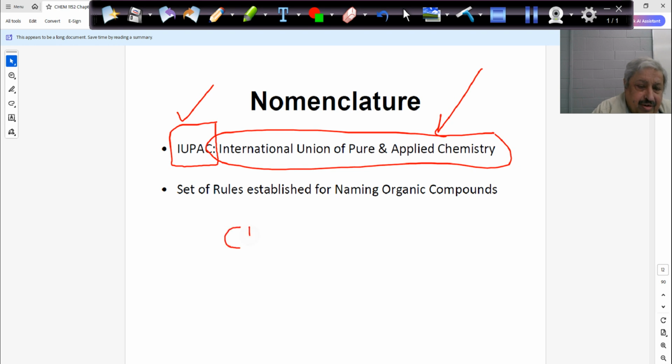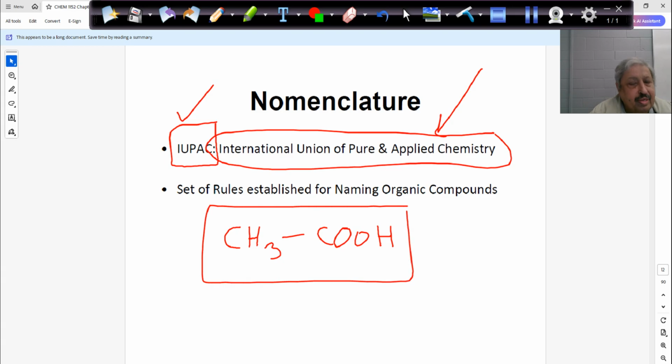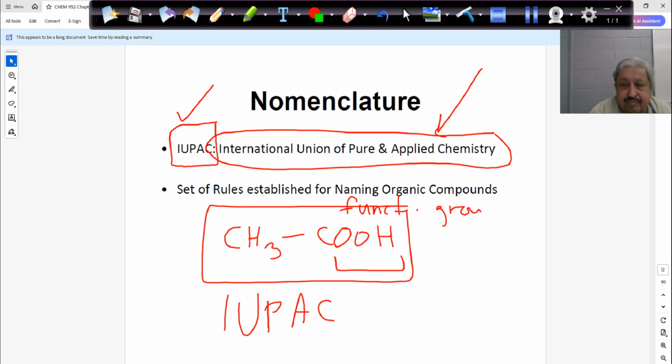Just an example for you here. I have here a condensed structure of a compound. This is a carboxylic acid, correct? This is the functional group of carboxylic acid.